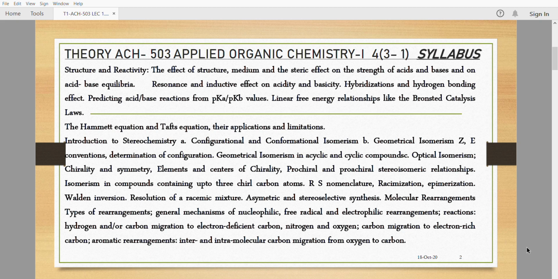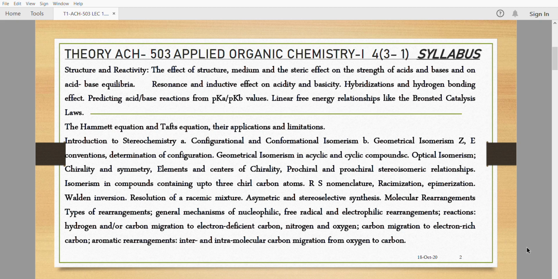Okay, now in this stereochemistry, I will teach you not only geometric isomerism but also optical isomerism. Geometrical isomerism, cis, trans, Z and E, commonly known as ZE conventions, syn, anti, erythro, threo, etc. Then what methods will be used to determine the configuration? One is conformation. Conformation means rotation.